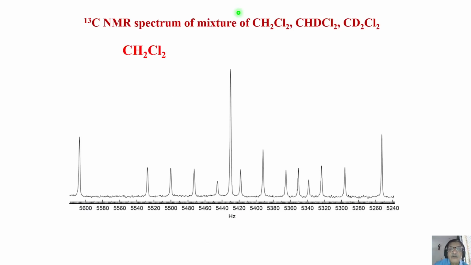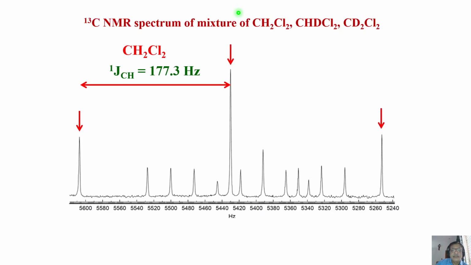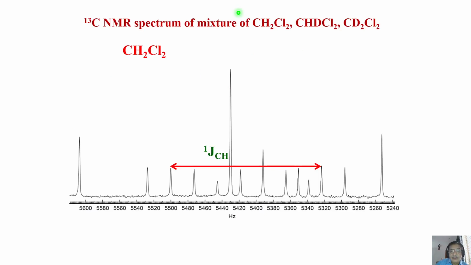Isotopic shift because of deuterium. This was explained in the morning, so I'm quickly going through. This is a triplet because of CH2Cl2. I'm looking at carbon 13. This is 1JCH. This is delta of carbon, the chemical shift. Now, this is when one deuterium is present.